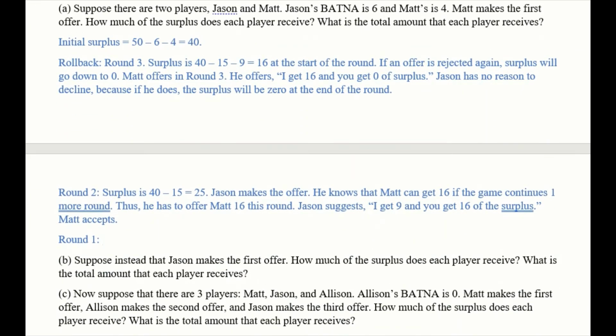Alright, round 1. So at the beginning of the game, we know the initial surplus is 40. And it says Matt makes the first offer. We know Jason can secure a payoff of 9 if the game goes on.